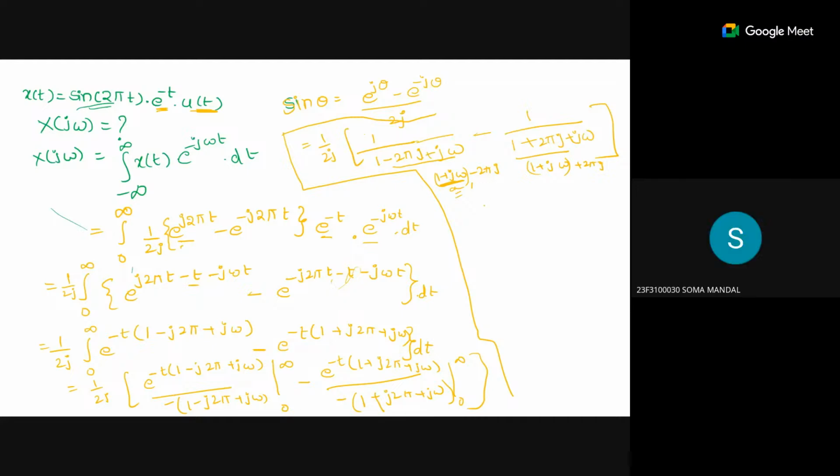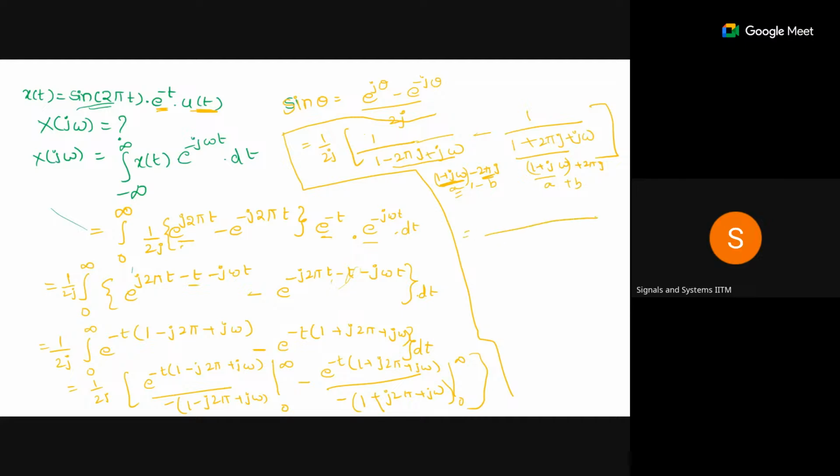You can do that as well, but this is the simplified version I'm telling. It will be a minus b, like if we take 2 pi j as b, and a plus b. We know a minus b into a plus b will be a square minus b square, right?